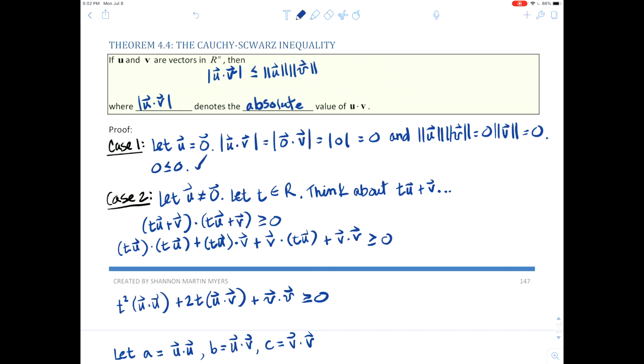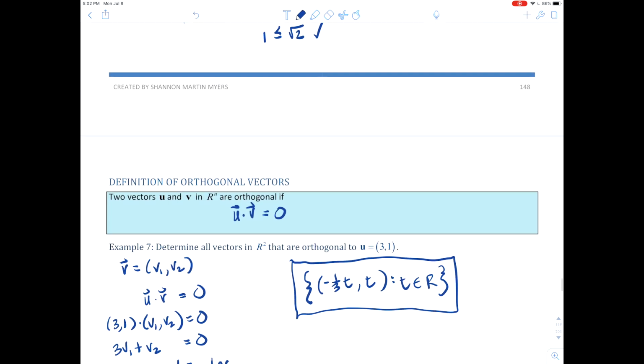The absolute value of the dot product of two vectors has to be less than or equal to the product of their magnitudes, right? So let's see what we got.